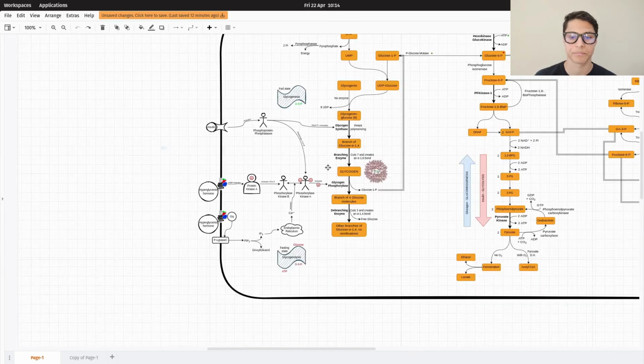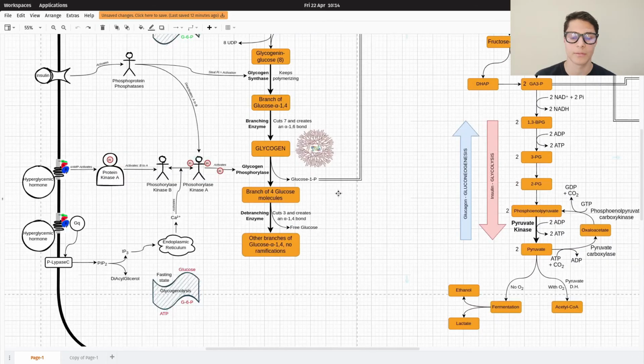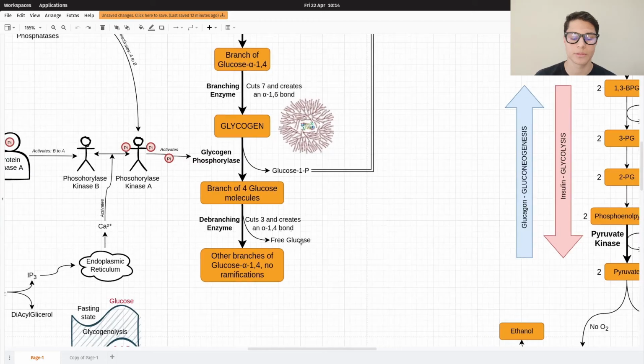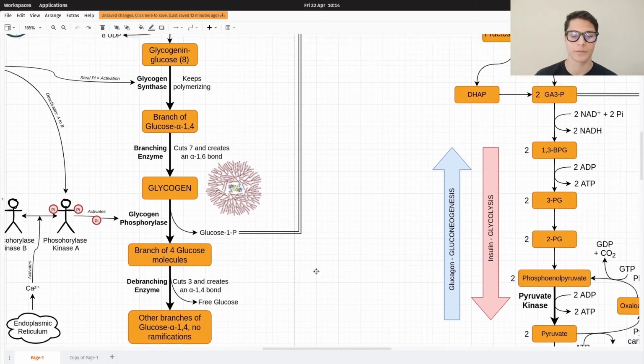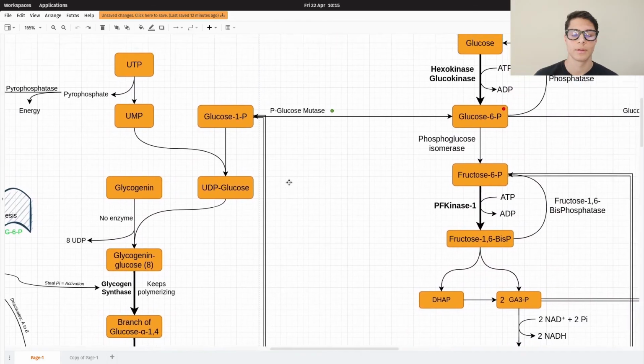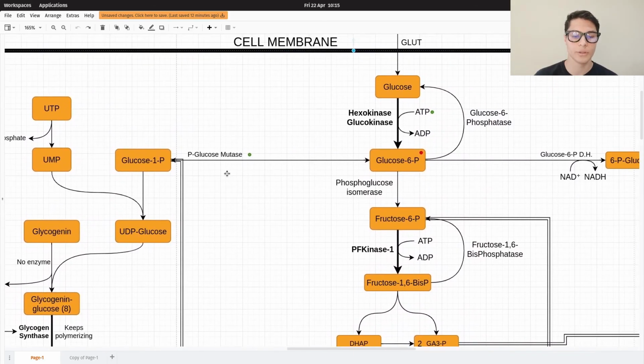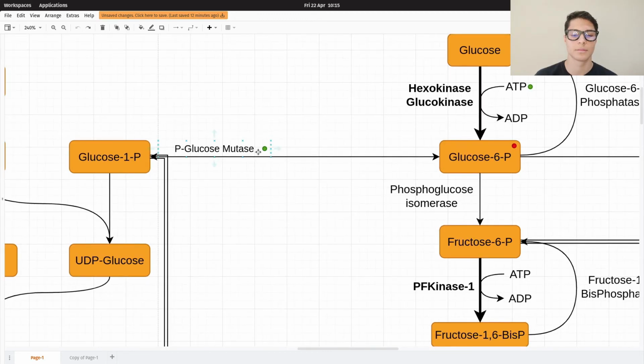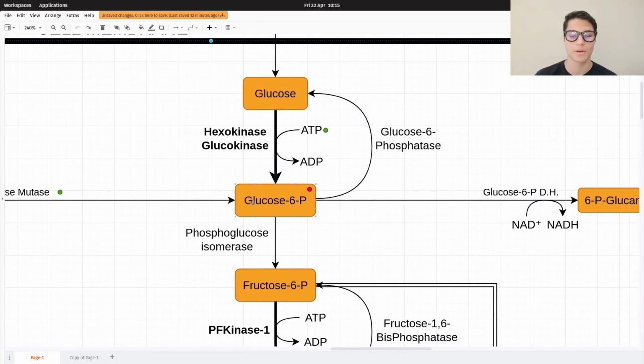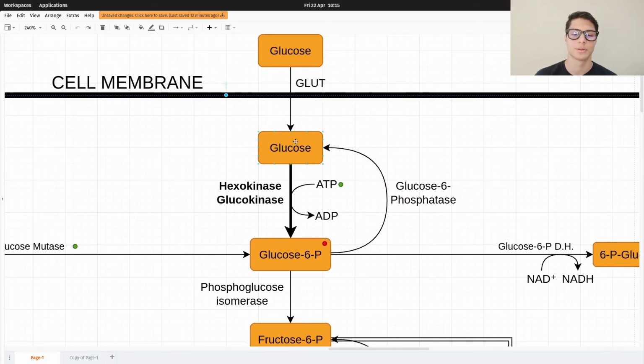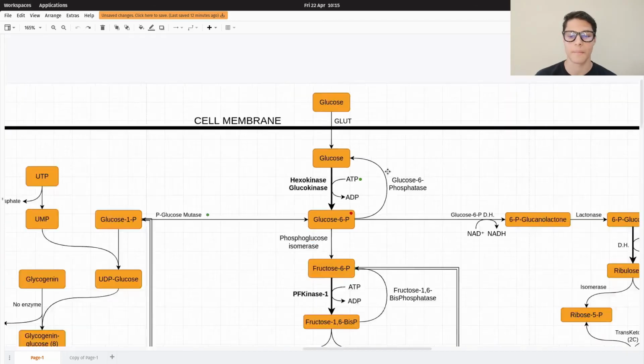metabolism works. As you can see then, for example, we have free glucose that can leave the cell, and glucose 1-phosphate. Glucose 1-phosphate uses the same enzyme that was used to create it from glucose 6-phosphate to create again glucose 6-phosphate, and then glucose 6-phosphate uses the glucose 6-phosphatase to get back to glucose, and glucose then can leave the cell.